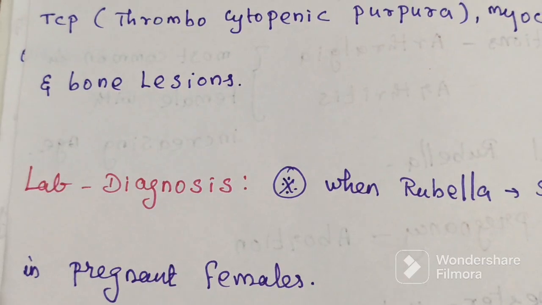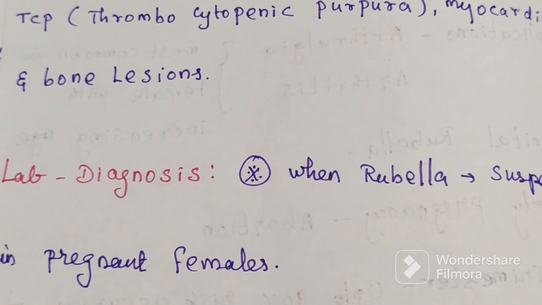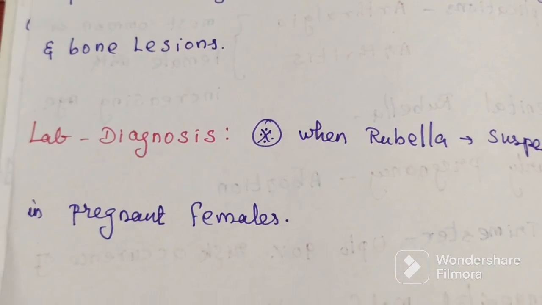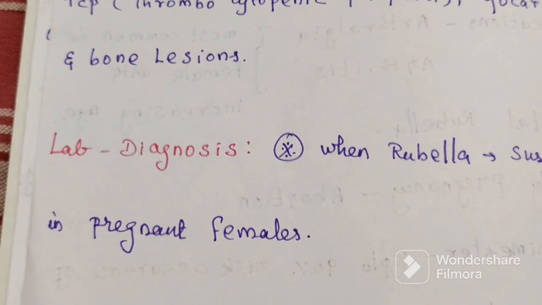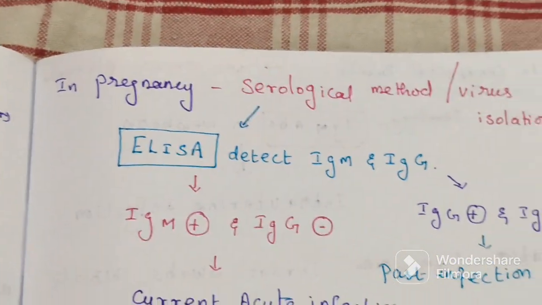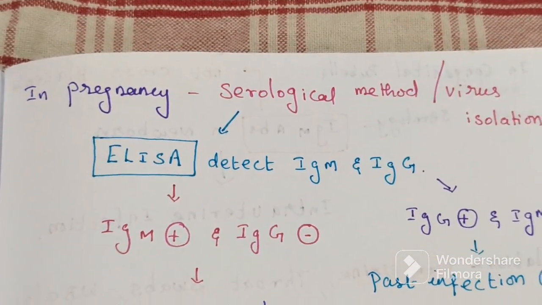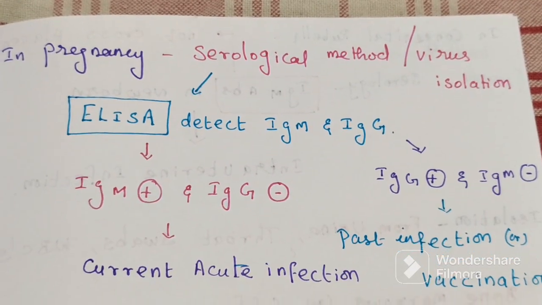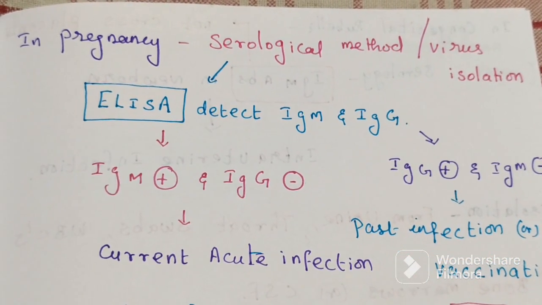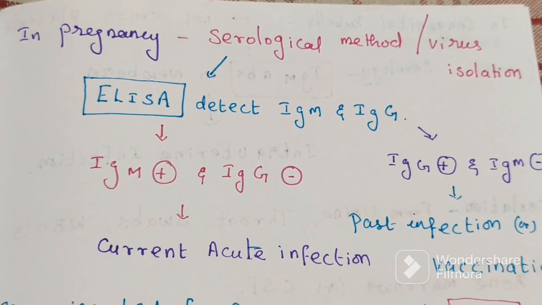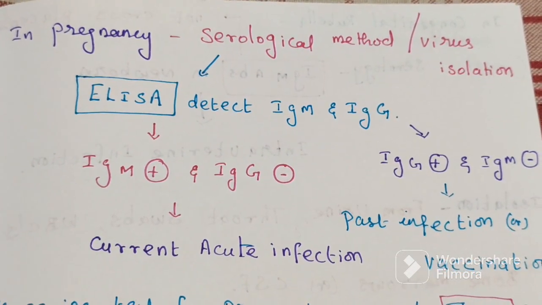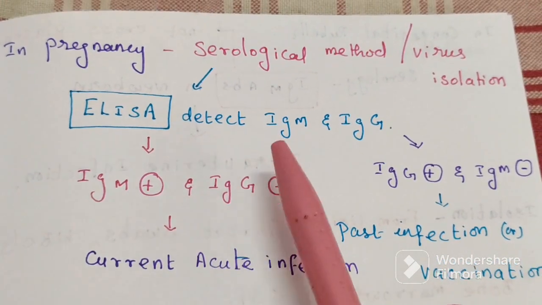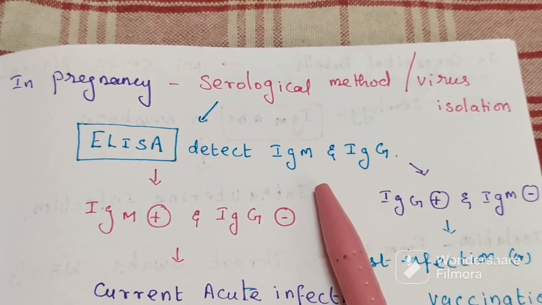Coming to laboratory diagnosis when rubella is suspected in a pregnant female, it is done by serological methods or virus isolation. First, serology by ELISA, enzyme linked immunosorbent assay, is performed to detect IgG and IgM antibodies.